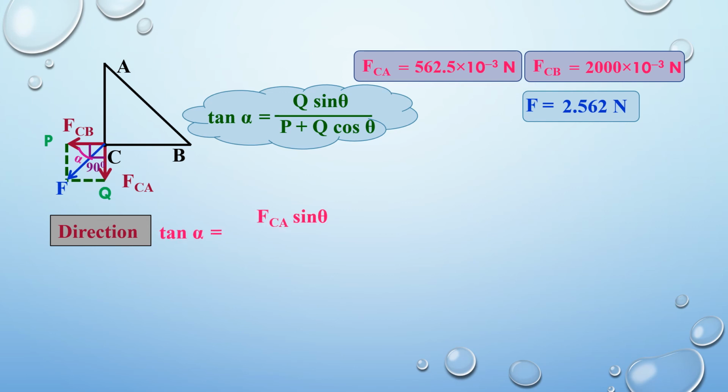Substitute your values, you get tan of alpha is equal to FCA sin theta divided by FCB plus FCA cos theta.